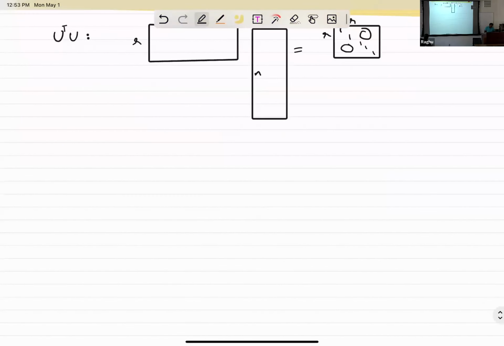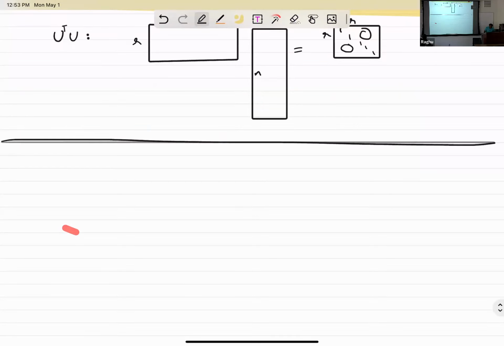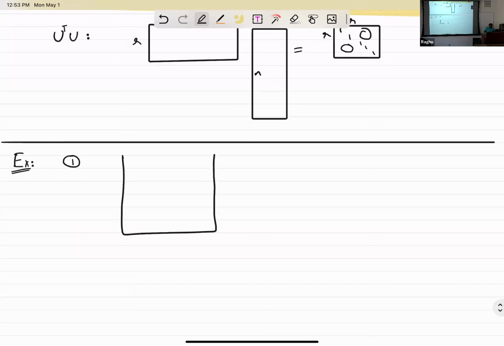All right, let's just do a couple of examples to understand this. Let me say, what if my X matrix is the following? What could be its singular value decomposition? If my matrix looks like this, what can be a singular value decomposition?